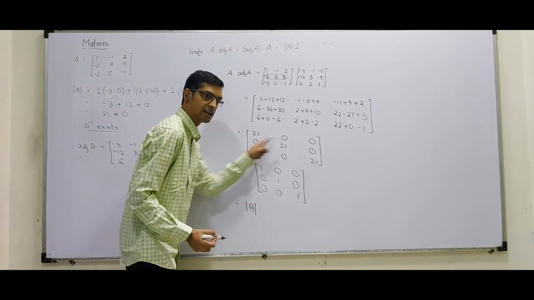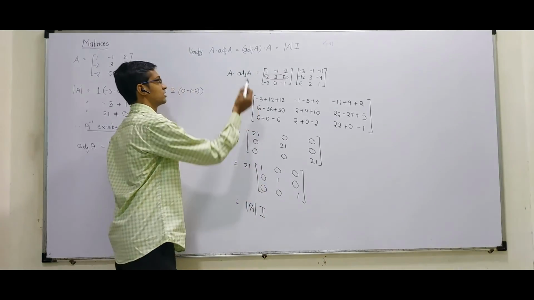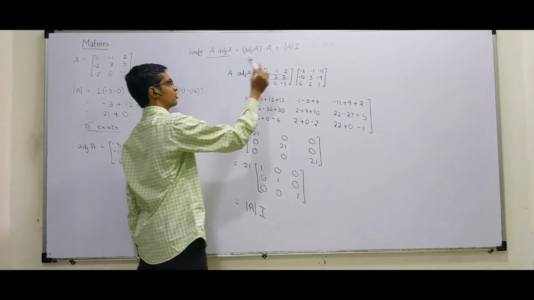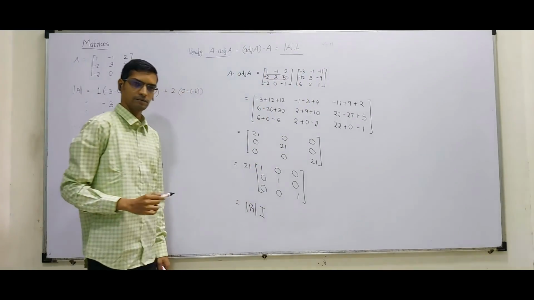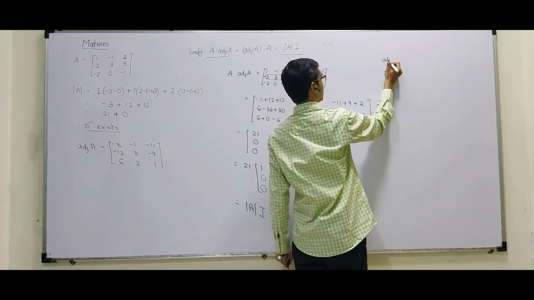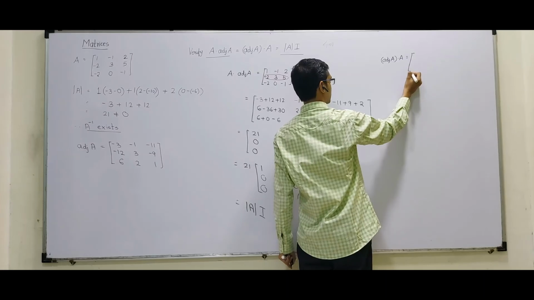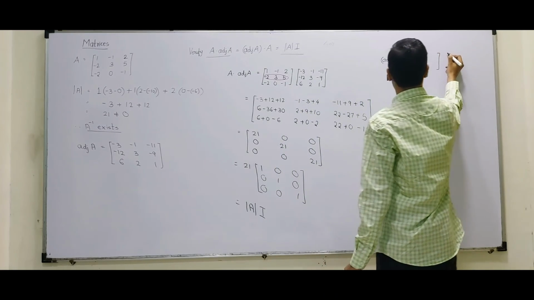What do you mean by this matrix? This is nothing but I. So my first part is verified: A into adjoint A is mod A into I. Now you will find adjoint A into A. We know that matrix multiplication is not commutative, तो डायरेक्ट आंसर नहीं लिख सकते हो.